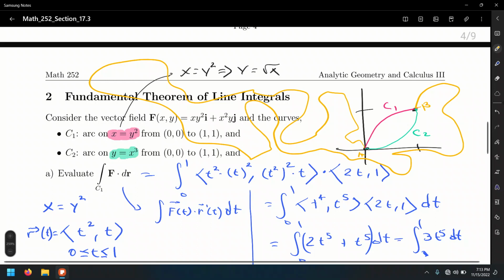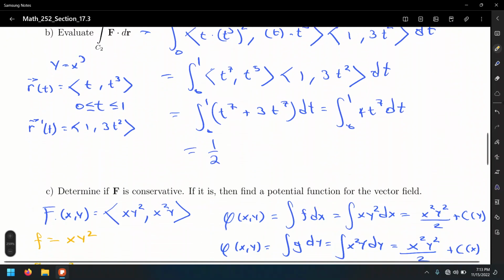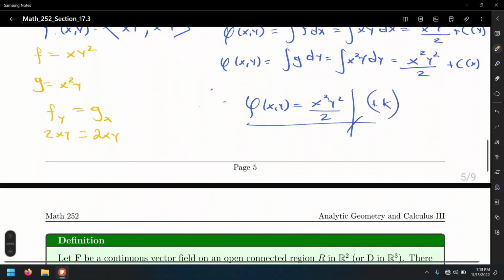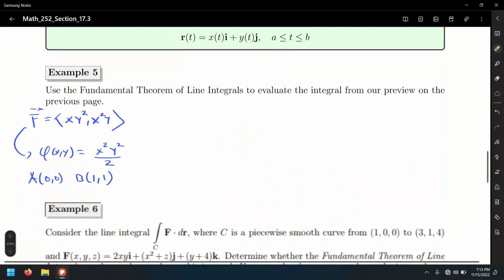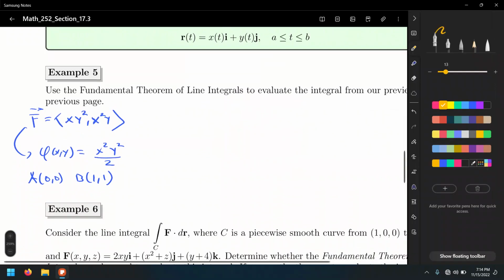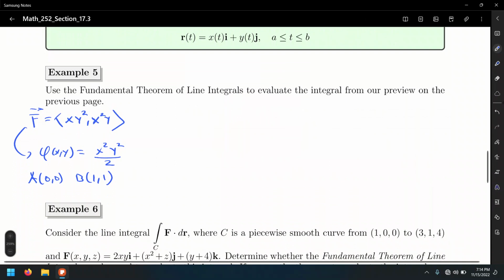If I go piecewise along this horizontal line and then vertical line, the value of the integral is still going to be 1/2, because having a conservative vector field ensures that the value is exactly the same, regardless of the path that you follow.